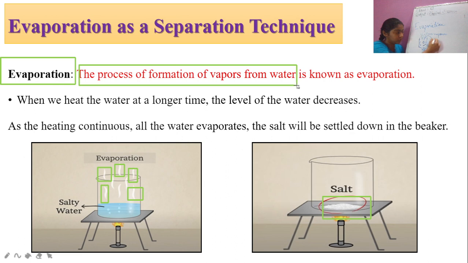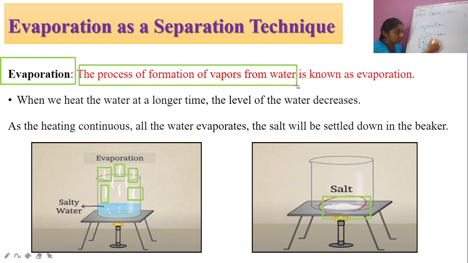When we heat water for a longer time, the level of water decreases, because if you give more heat to the beaker, more evaporation happens. That's why the level of water decreases day by day, after some time.